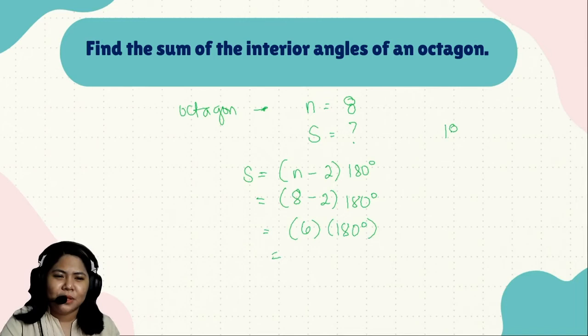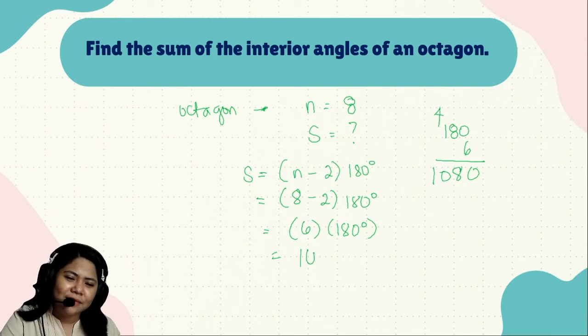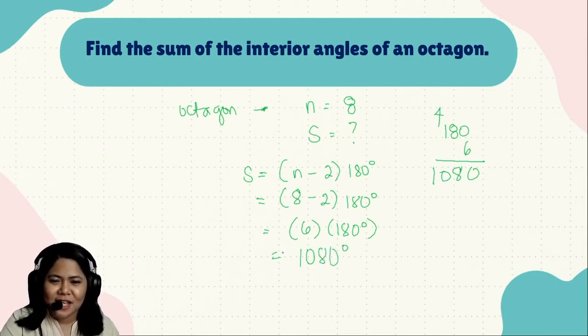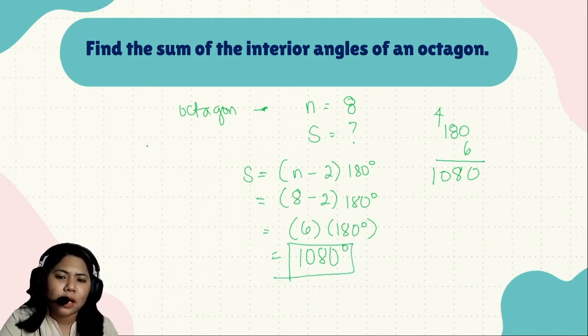Multiply 180 times 6. 6 times 0 is 0. 8 times 6 is 48. 6 times 1 is 6 plus 4 is 10. So we have 1,080 degrees.